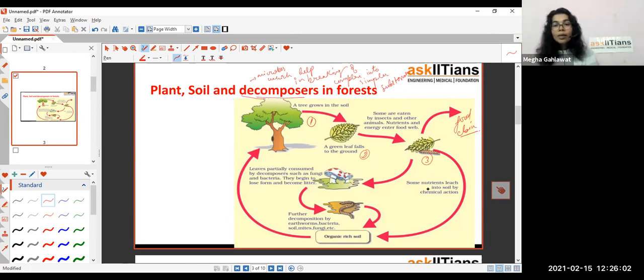Or some of the nutrients are going to be decomposed with the help of the decomposers. For example, all the bacteria and all the fungi such as mushrooms present in the environment are going to grow on top of dead and decaying animals and dead and decaying plants, which is called the saprophytic or saprotrophic mode of nutrition.